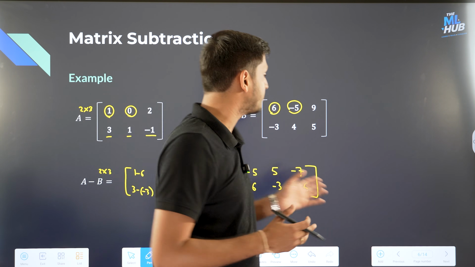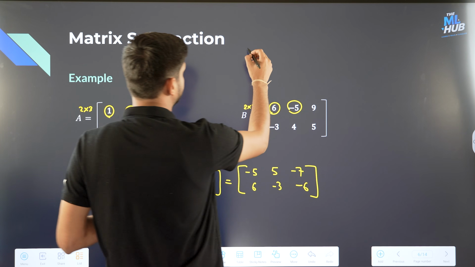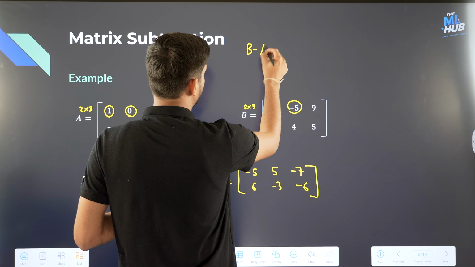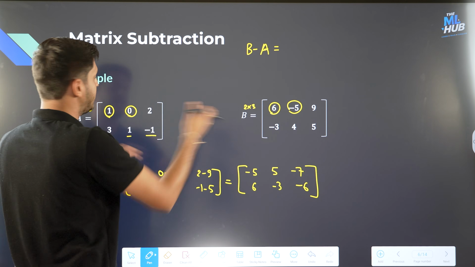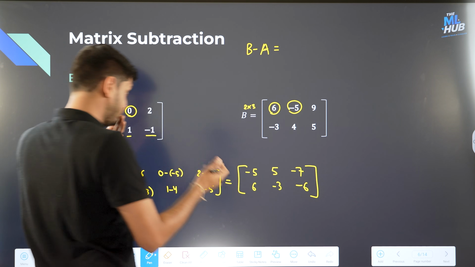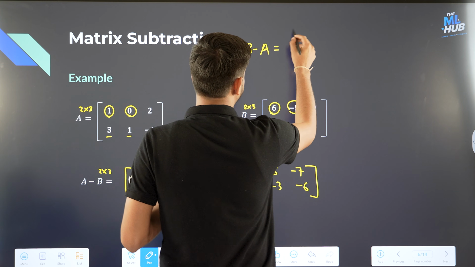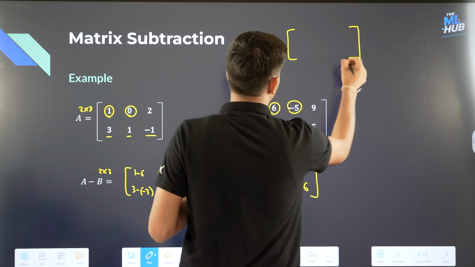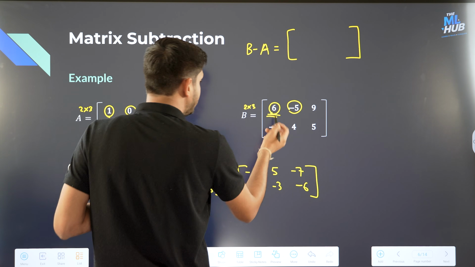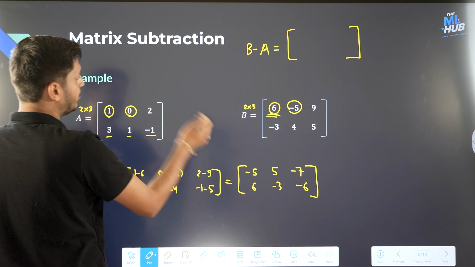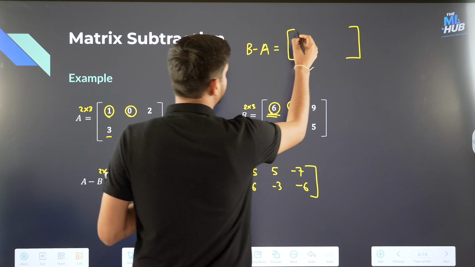Now in the same example, if I have to compute B minus A, then that is also possible because B and A have the same order, but here the elements will be different. What will be the elements? First we will take the element of B and then we will subtract the element of A from it. So 6 minus 1, so this will become 5.